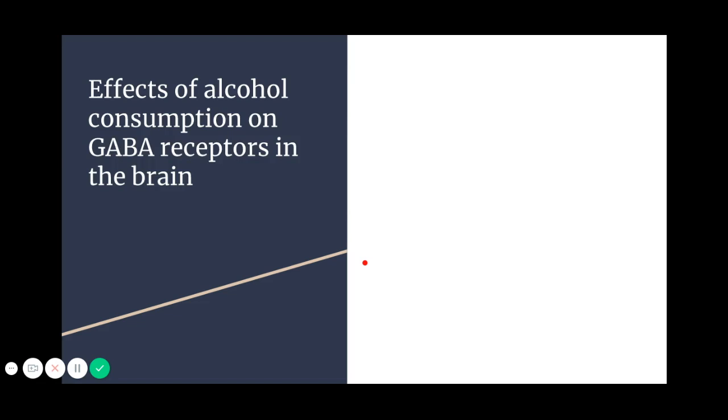So one of the receptors that alcohol affects are the GABA receptors. Alcohol overstimulates the GABA receptors in the brain, which are inhibitory receptors. This can result in impaired senses like slurred speech and sluggish movements.